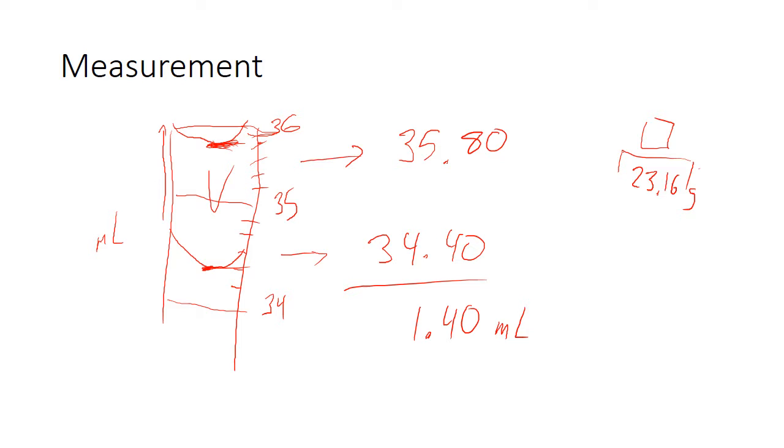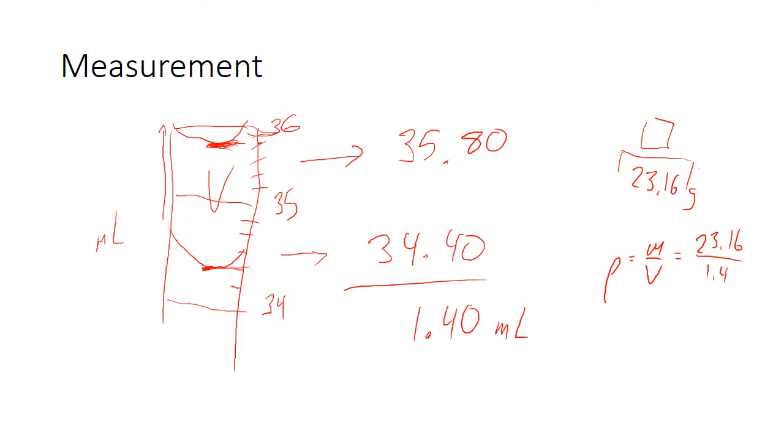So if we wanted to figure out the density of the block, we're going to have to use our fancy formula here. So our density is going to equal mass divided by volume. We don't have to do any rearranging here. Our mass is 23.16. Our volume is 1.4. Typing it into our calculator, divide by 1.4.